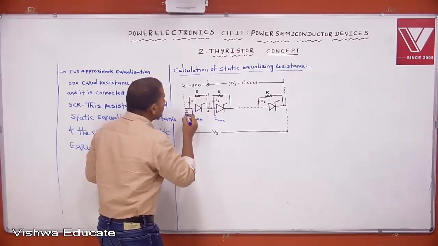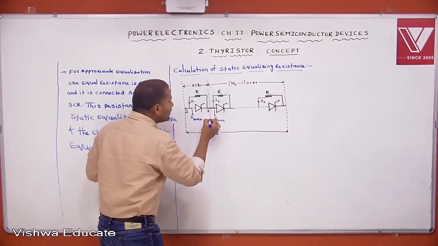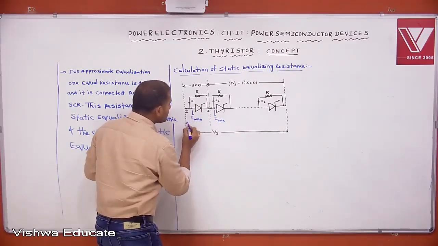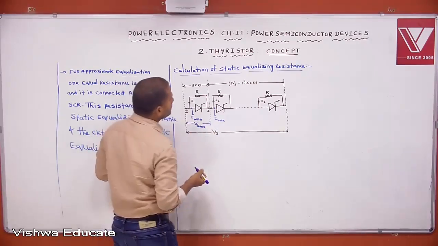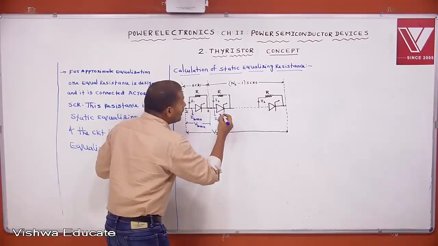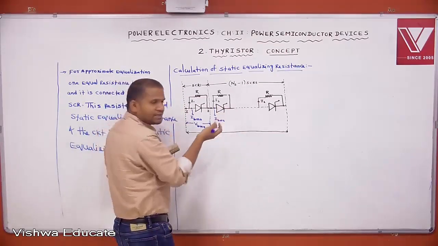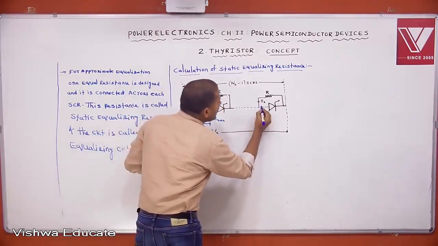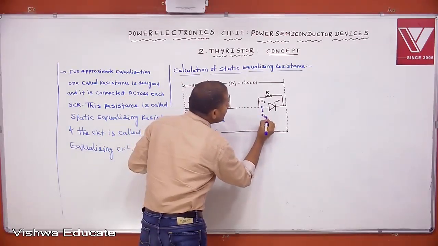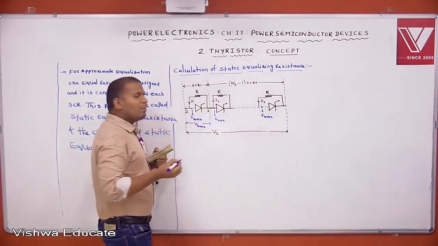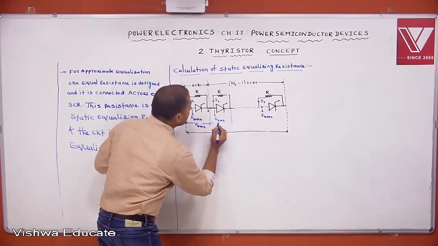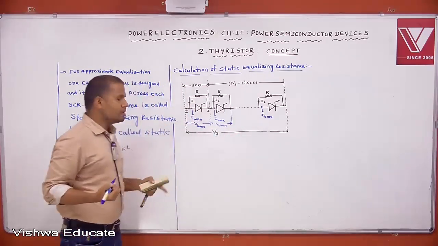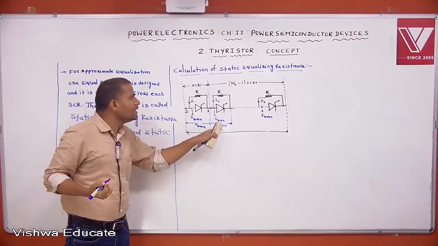The point to remember: the SCR carrying the minimum leakage current blocks the maximum voltage, VBMX. The remaining Ns minus 1 SCRs carry the same leakage current, IBMX, and block the minimum blocking voltage, VBMN. VBMX is the maximum blocking voltage, VBMN is the minimum blocking voltage.